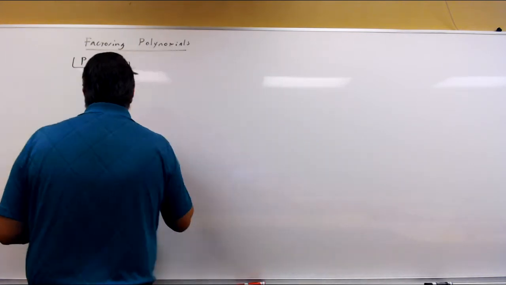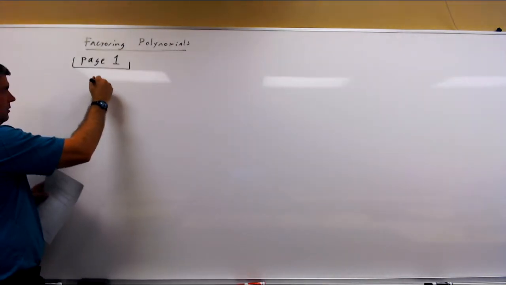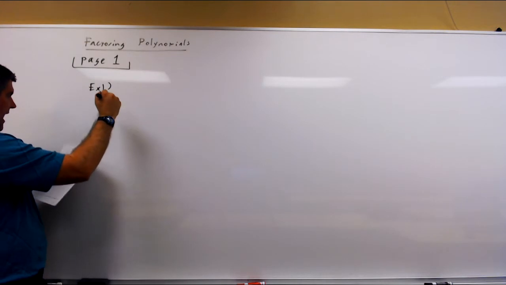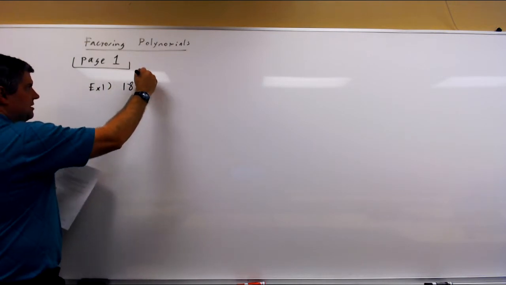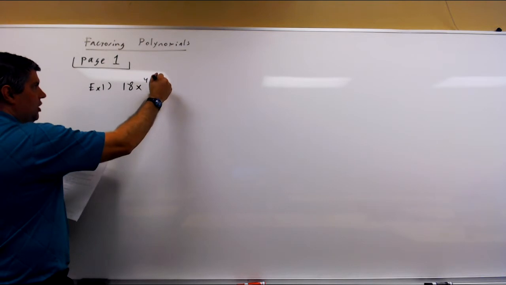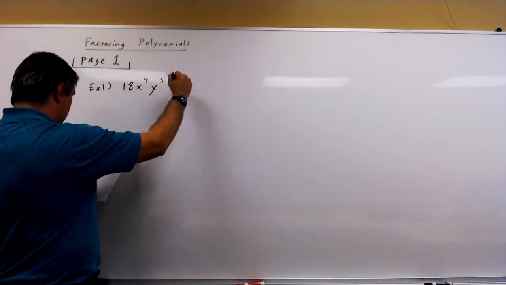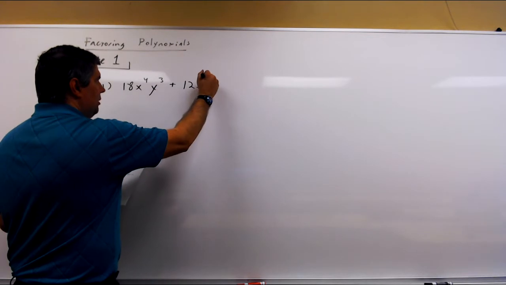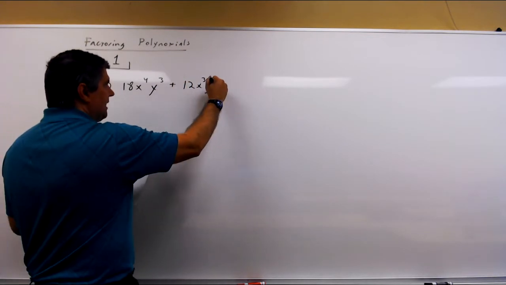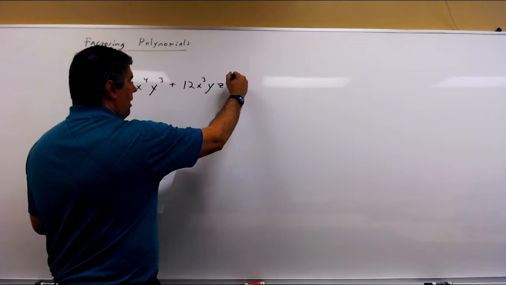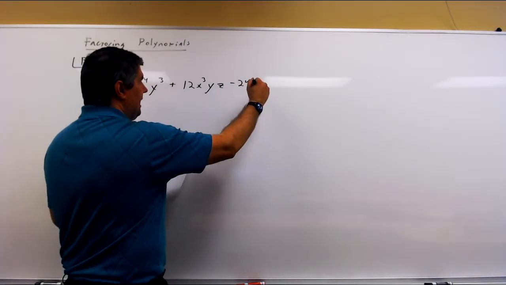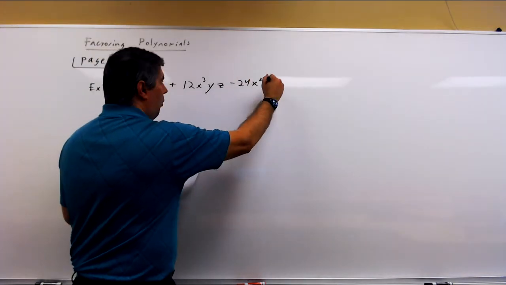Okay? Example 1. I have 18x to the 4th y cubed plus 12x cubed yz minus 24x squared y cubed.